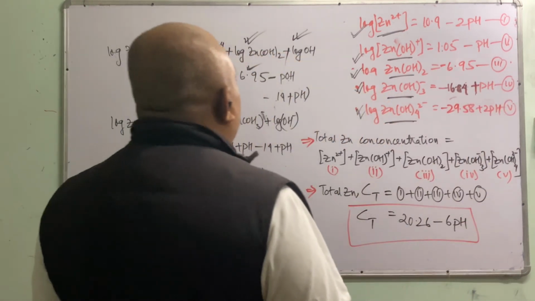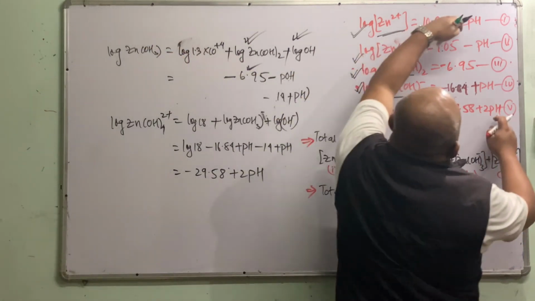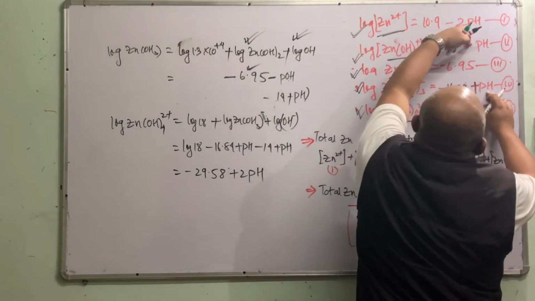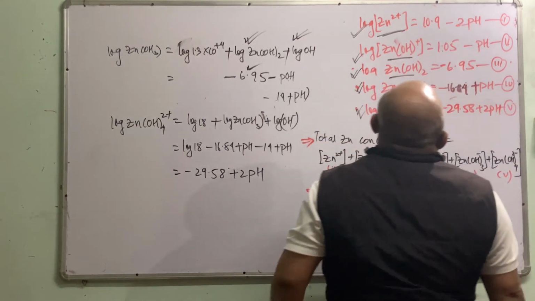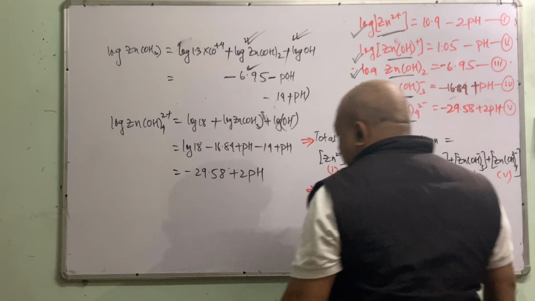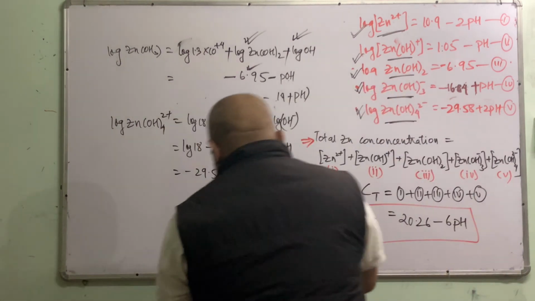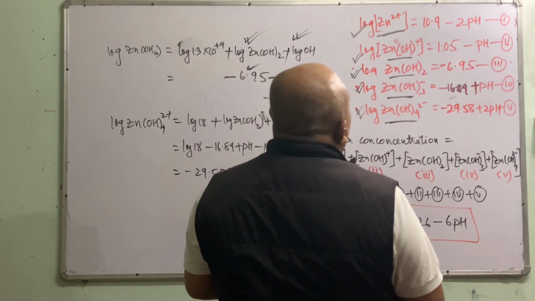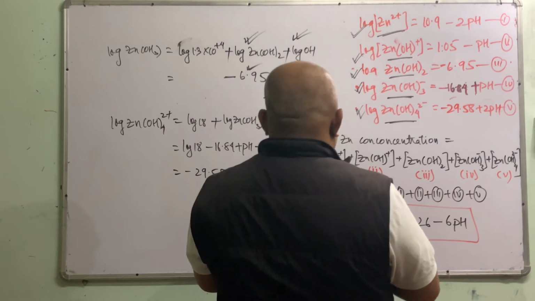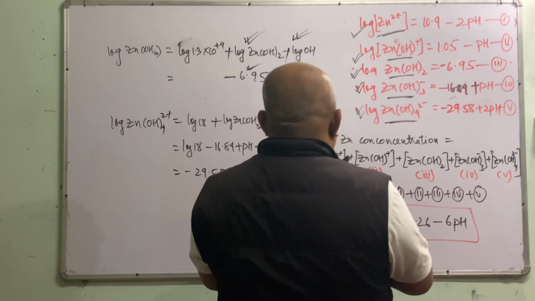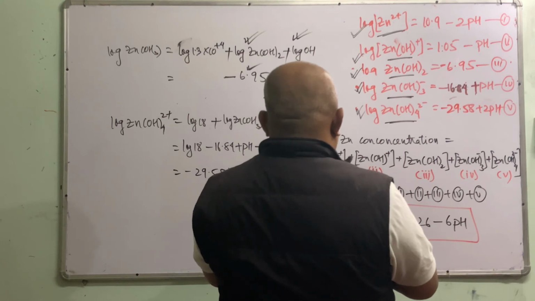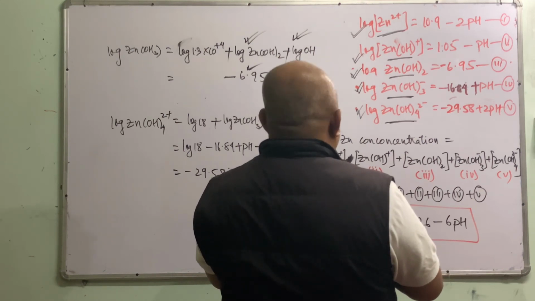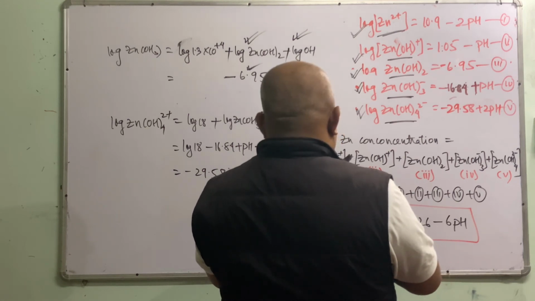So this and this will be cancelled, this and this will be cancelled. Okay, so the value will be 10.9 plus 1.05 minus 6.95 minus 16.84 minus 29.58.